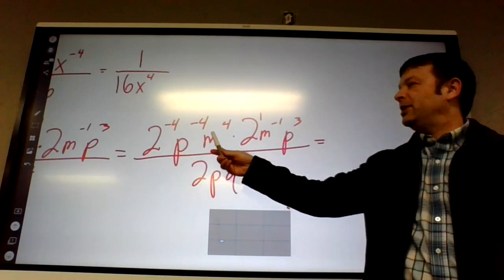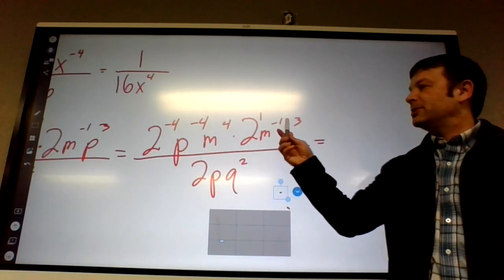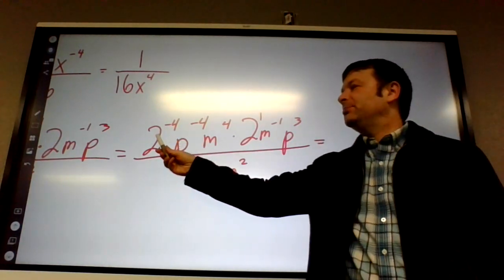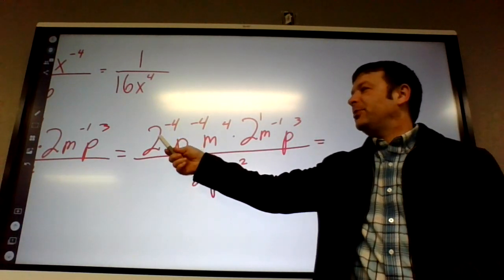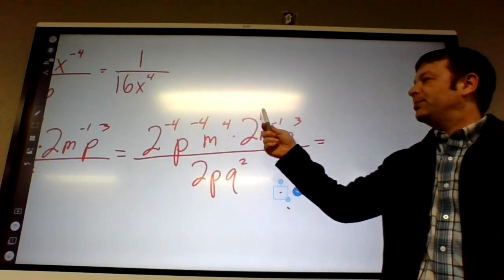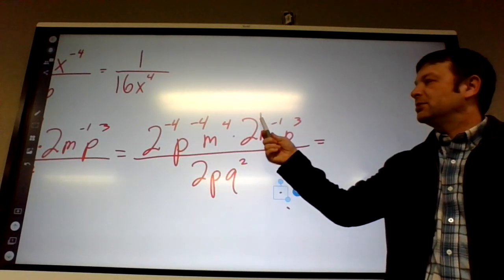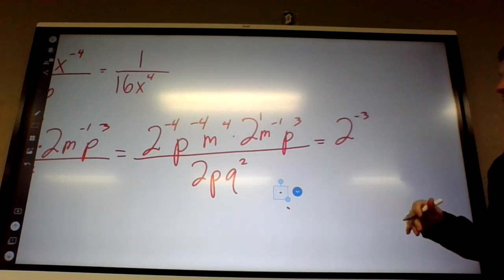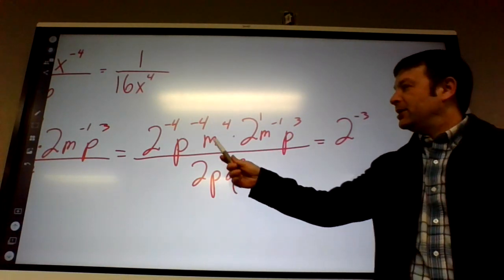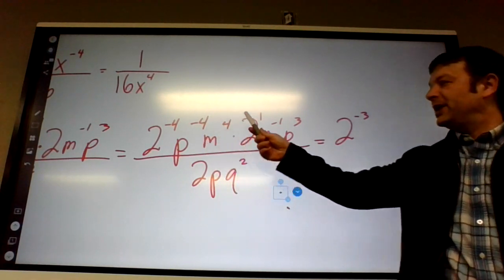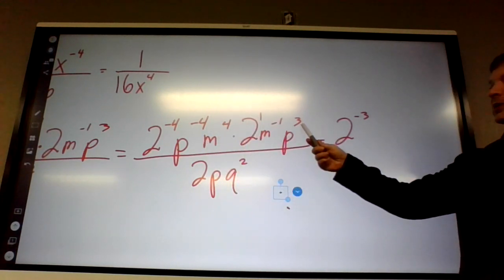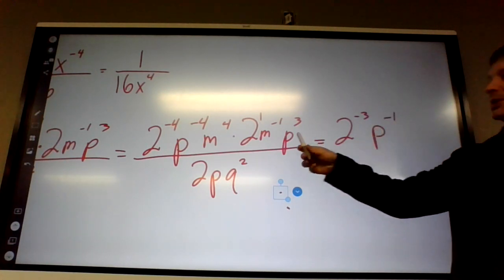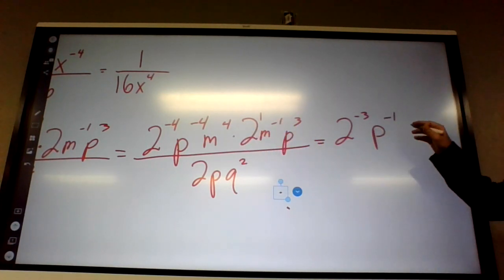When we're doing like m times m, what do we do with the exponents? Before I start multiplying, what's negative 4 plus 1? Yeah, so let's just leave it like that for now. We'll fix it later. And then on the p's, I have negative 4 and 3, so that would be, yeah. And then on the m's, 4 and negative 1.